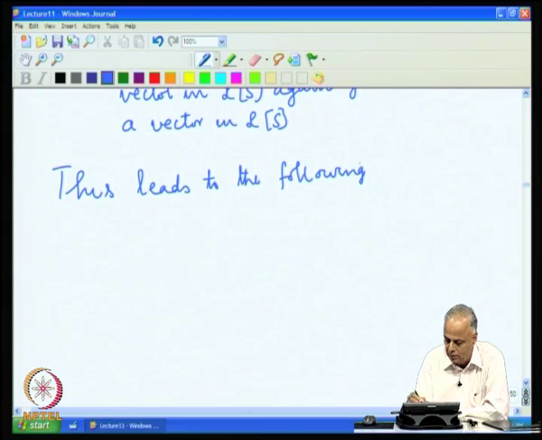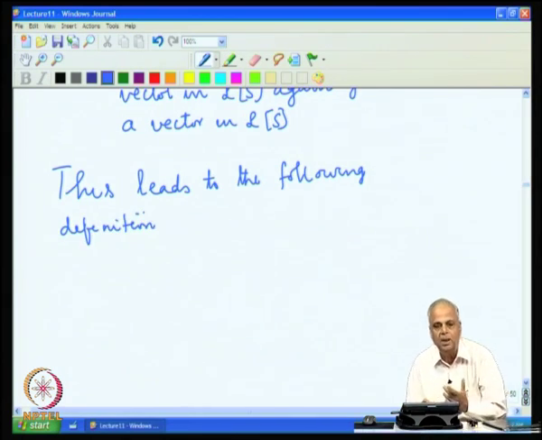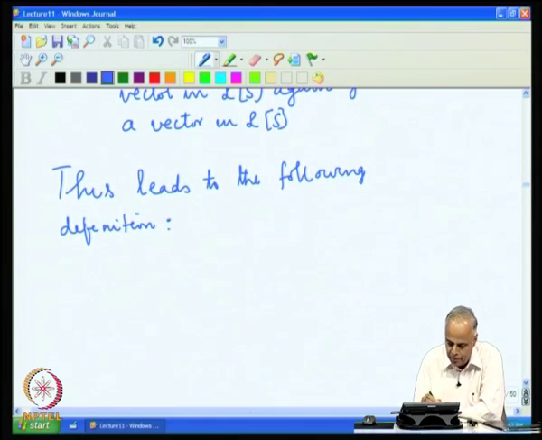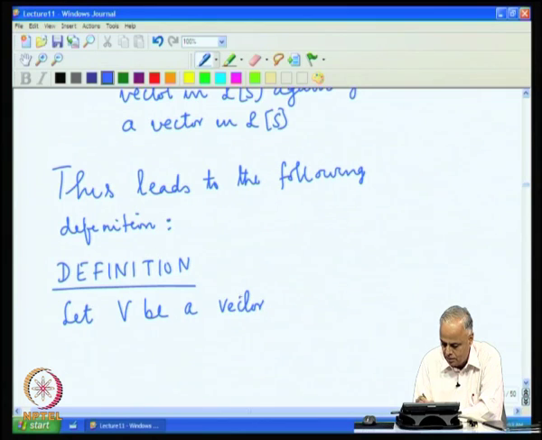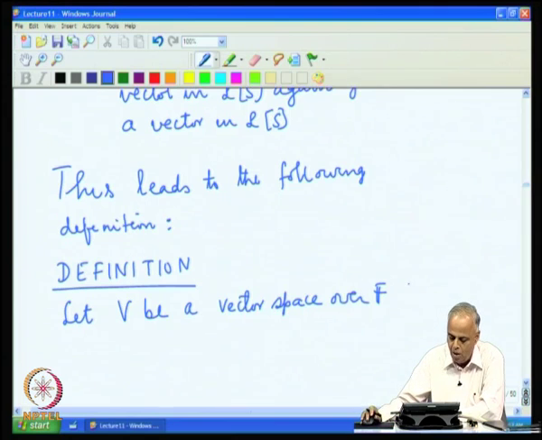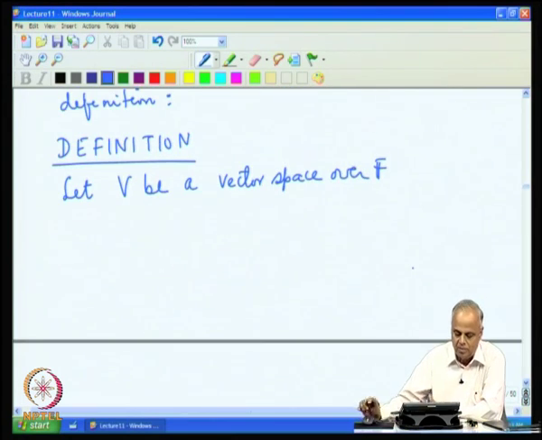Any such collection which is closed in this sense with respect to addition and scalar multiplication, or which is saturated as far as construction is concerned, you try to do anything out of them, you will still be there, you will not be constructing anything new. So, we have the following definition. Let V be a vector space over a field F. Now, we are going to replace LS by a general set.